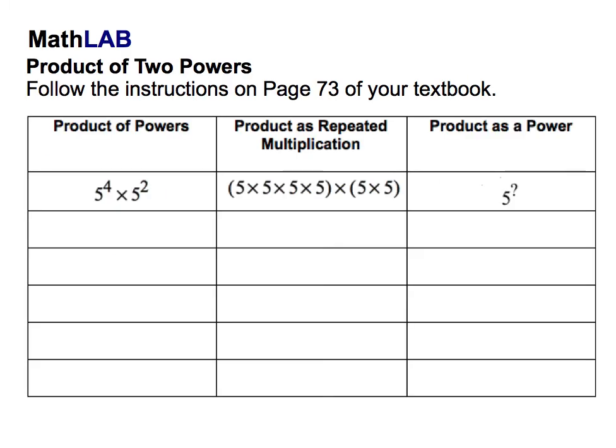So what we're going to do here is, I'm just going to shorten it. I'm having the class turn to page 73. You have 3 dice, and they are going to roll 3 dice. One of the dice is your base, and the other 2 dice will be your exponents. Okay, so I'm actually going to do this for you here, and we're just going to work through the lab together.